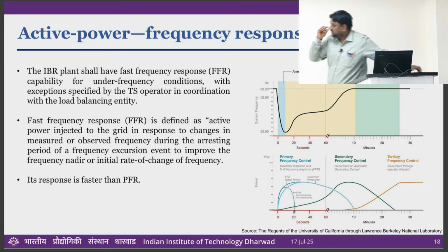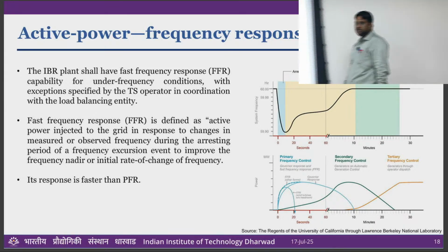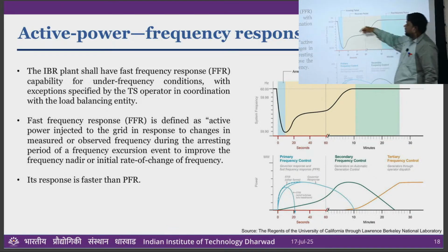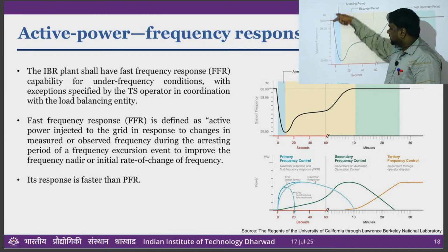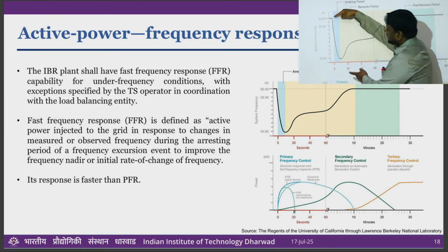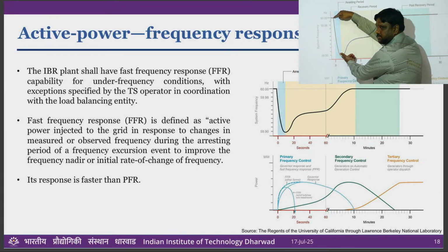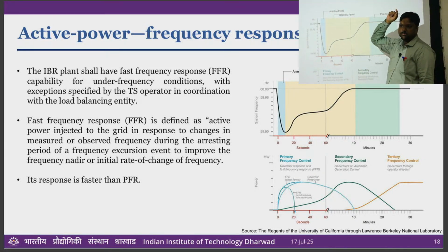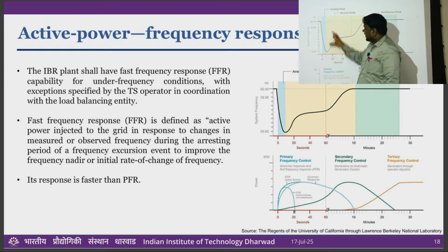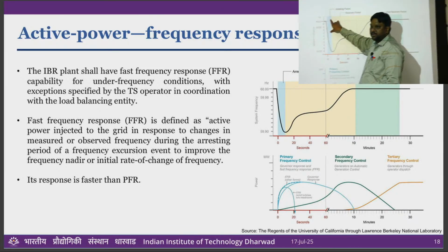So this is basically a fast frequency response, already discussed by Professor Jahangir. So what happens? Something happens, frequency suddenly jumps. So this frequency difference, what is the delta F, we call the frequency nadir in power system language.